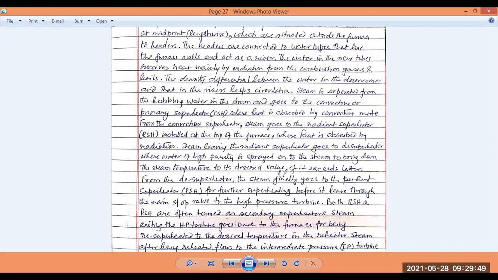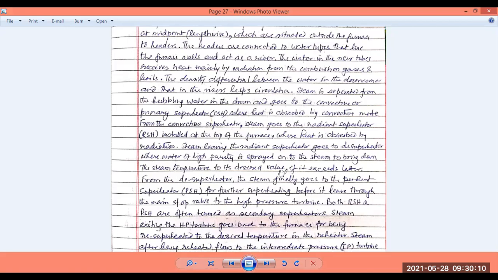So after all the material is converted into steam, we send it to a spray desuperheater, where we control the temperature as well as the heat content of the steam up to our desired limit, not more than that.